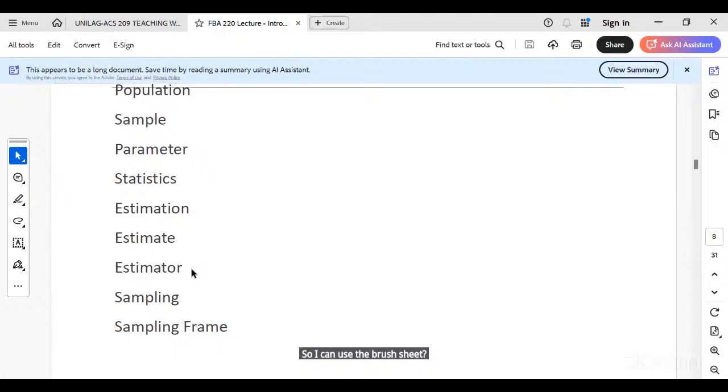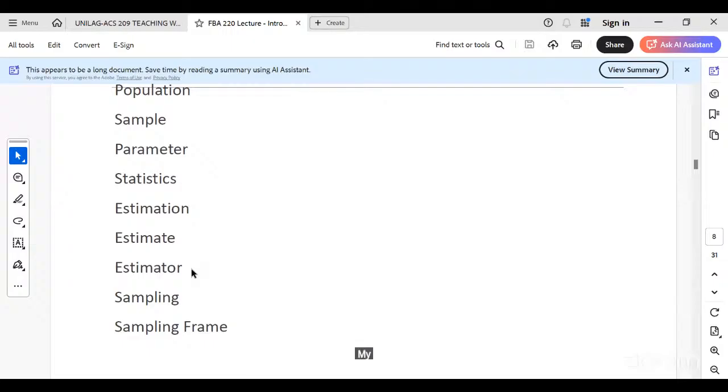I can approach the HOD and say I need the list of all accounting students in 200 level. The HOD might release the list from his broadsheet, and that list contains the names from which I can select my winners.